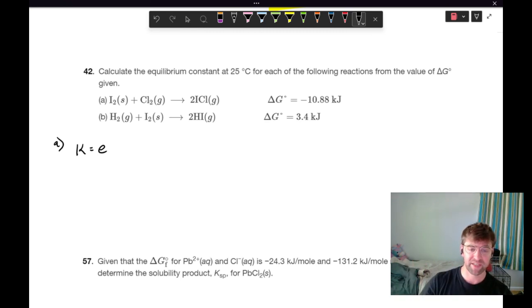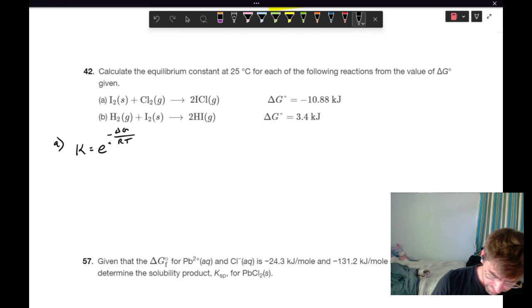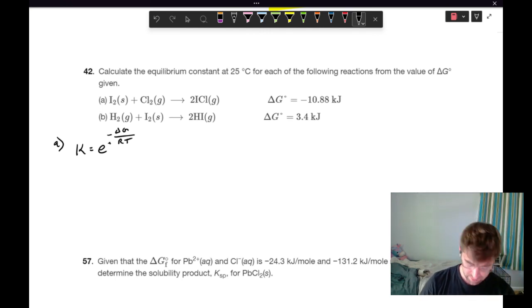E to the power of something is how you get rid of the ln in the equation, but it's a related equation. So e to the power of negative Gibbs free energy over RT gives you your equilibrium constant. We can just plug in our values here, being careful again with our units.